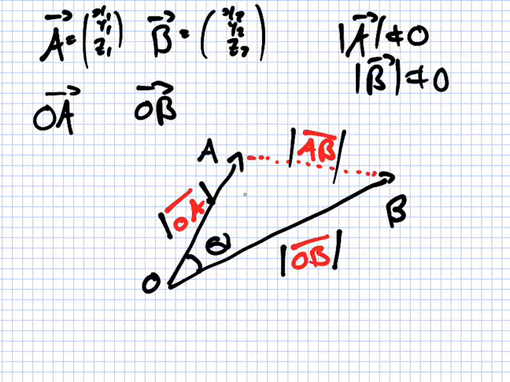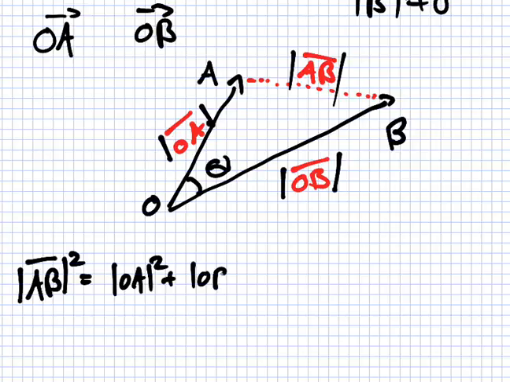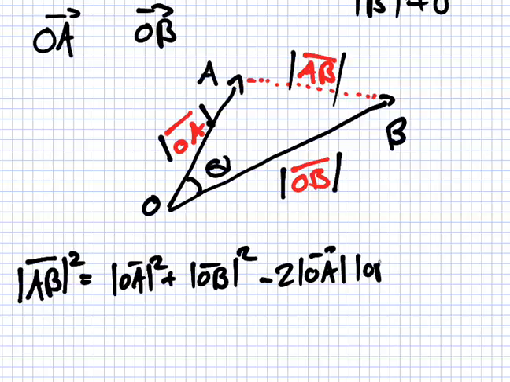So if I have three sides and I would like this angle here, what trigonometry rule is that? Cos. Yep. So we have AB squared equals OA squared plus OB squared minus twice OA OB cos theta.